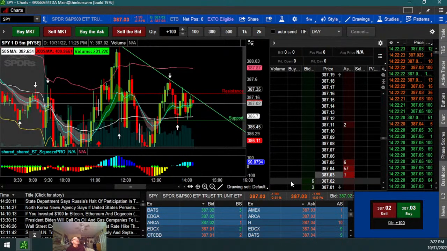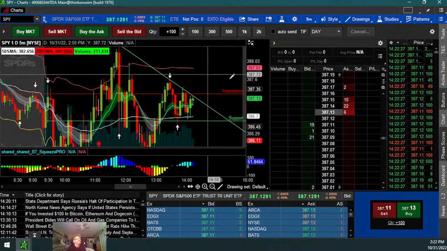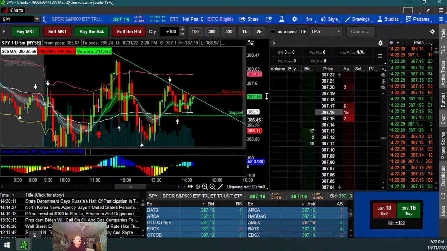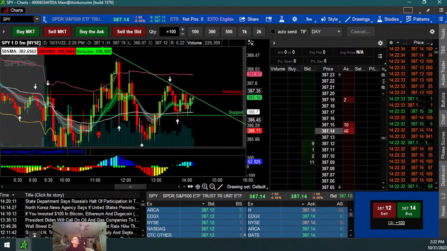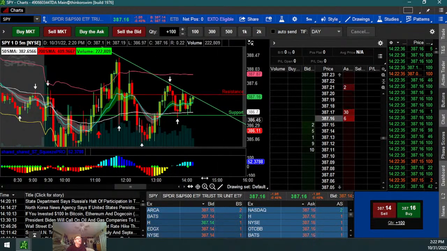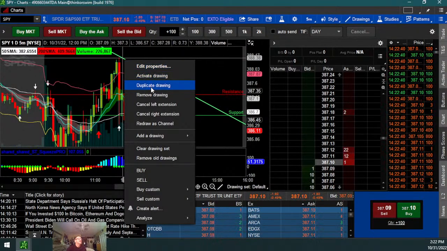We still haven't broken that upper trend line from the top of the day. So you can pretty much see it. Still the same. Make it more exact.